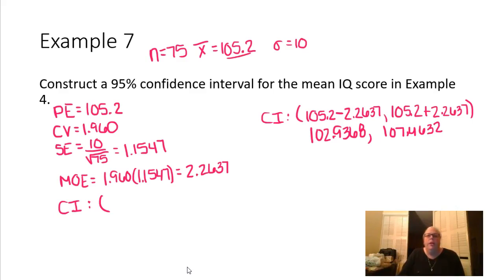And since our point estimate was rounded off to 1 decimal, remember we're going to round these off to 1 decimal. This is going to give me 102.9. And this one's going to give me 107.5, because that 6 right there is going to round that 4 up to a 5. And this 3 does not round the 9 up.